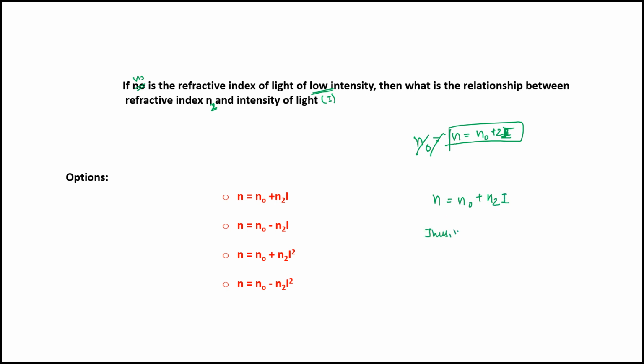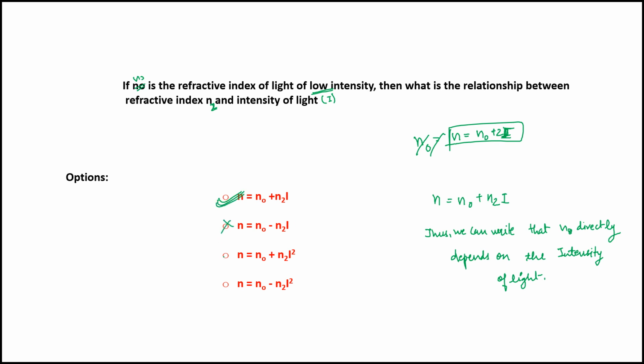Thus, we can write that N directly depends on the intensity of light, and it is given by this.